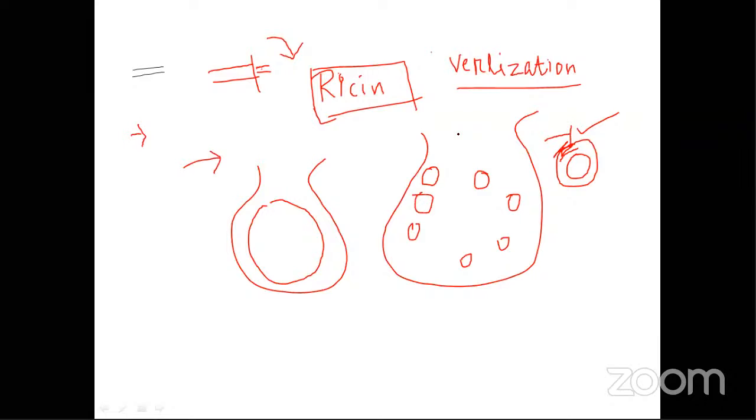Let's move on to apomixis where we left.